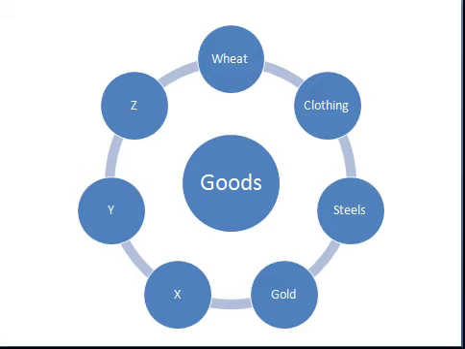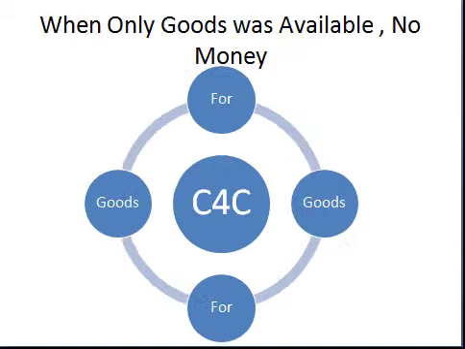But every good was exchanged for another good. Wheat was exchanged for rice, or rice for wheat, or maybe for other goods and services. So the earlier system was the barter exchange system. It means commodity for commodity exchange. A commodity was exchanged with another commodity.